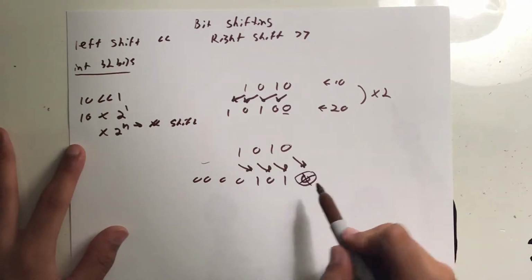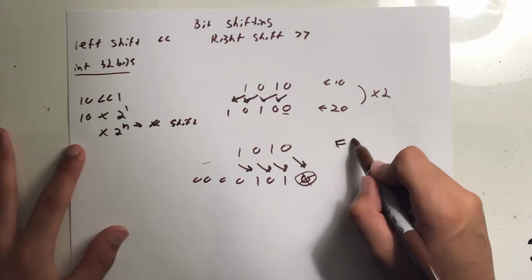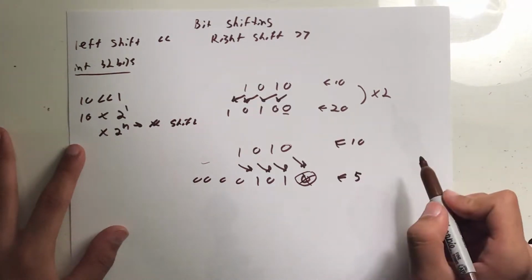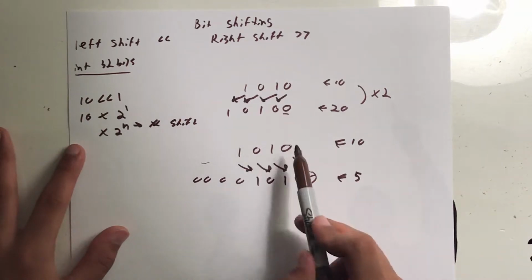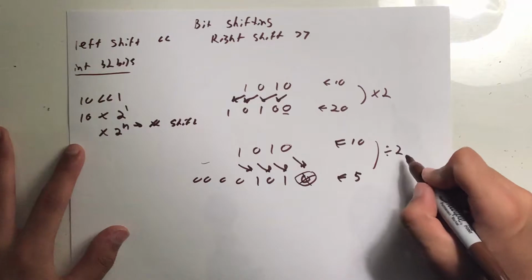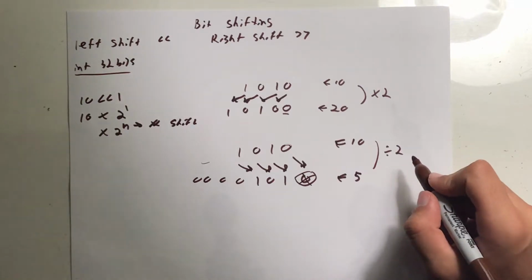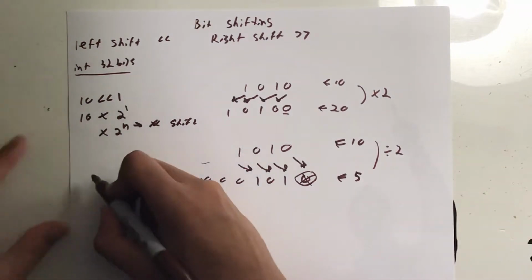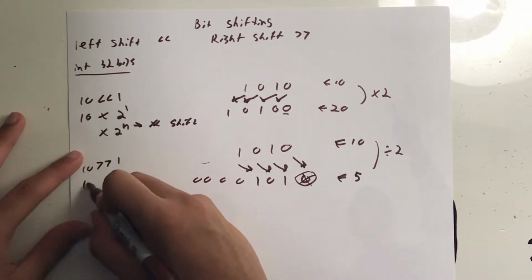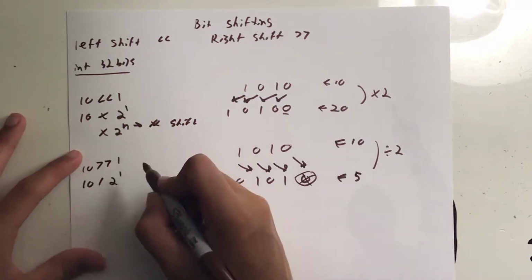So this was 10, this is now 5, right? 1, 2, 4, 1 plus 4 is 5. So if you notice, we actually divided by 2 to the first power. So 10 right shift 1 is essentially the same thing as saying do 10 divided by 2 to the first power.